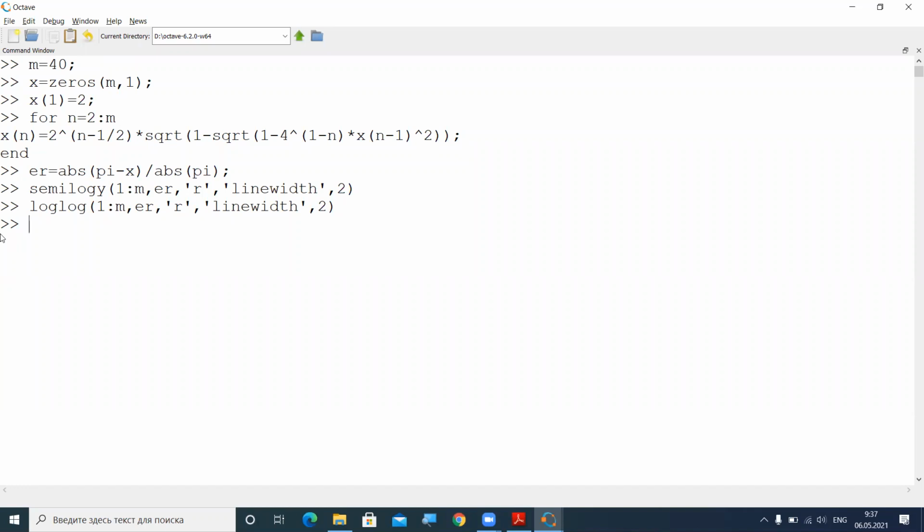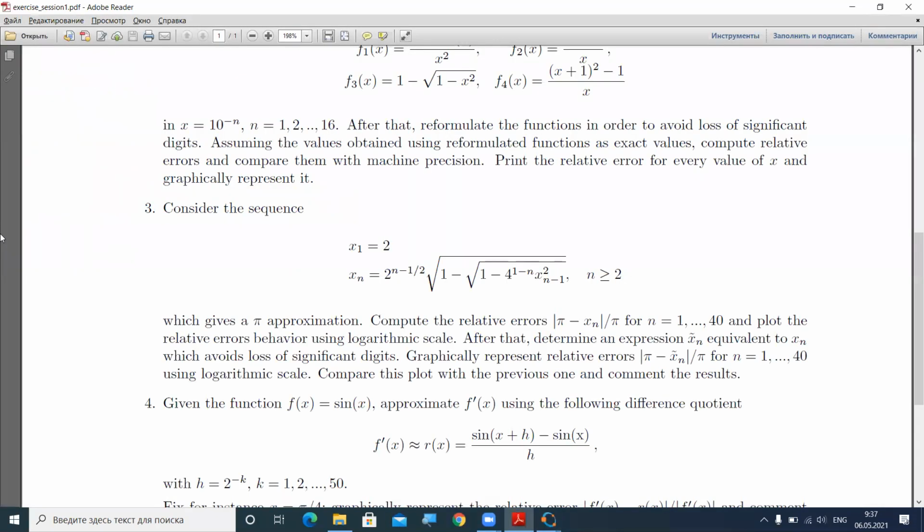Let's continue. Now we should reformulate our function. And how to reformulate this function? Find an alternative form for xn here.